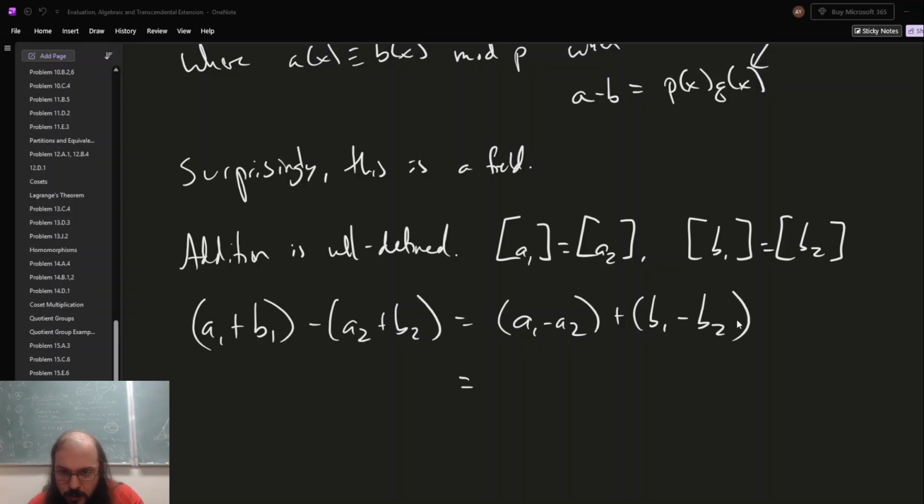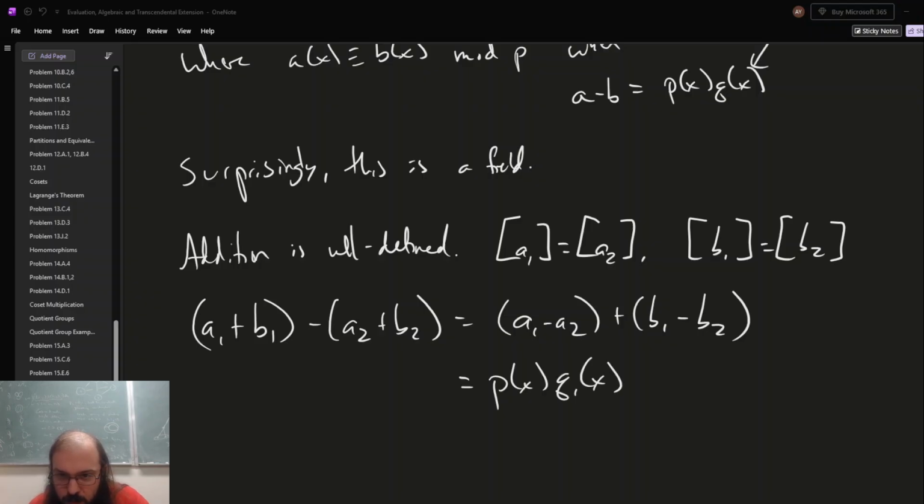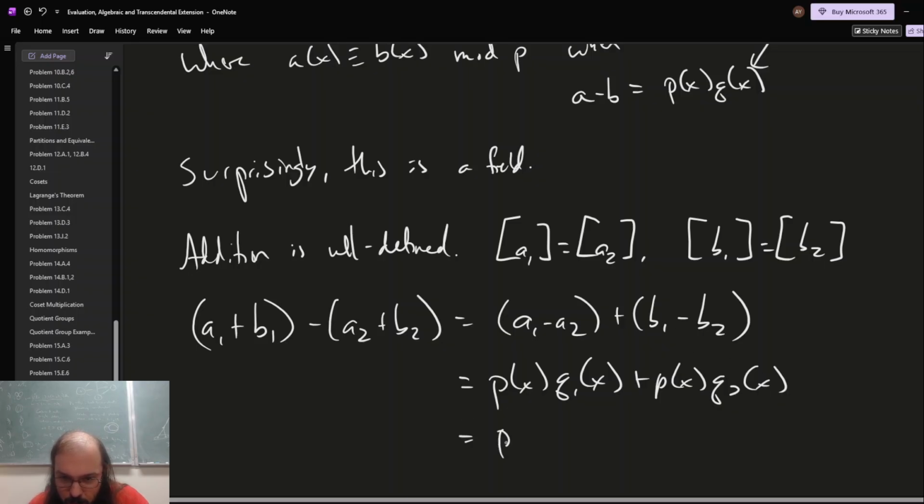So now what I have here is p of x times some, we'll call it q1 of x, plus p of x times some q2 of x, from the two different classes. Now I factor this out, and this is q1 of x plus q2 of x.